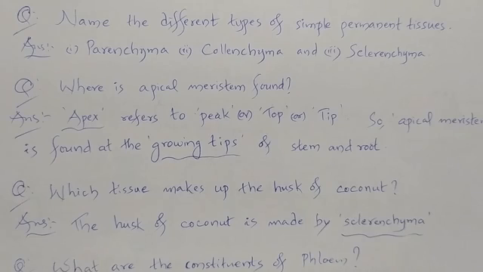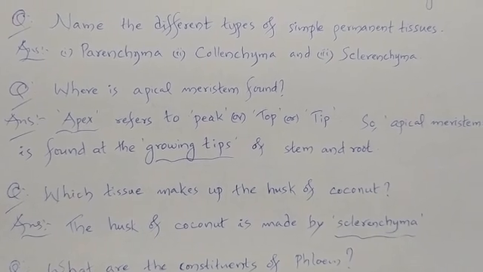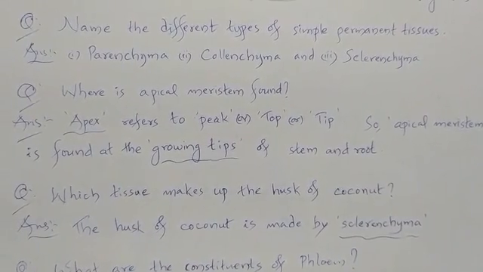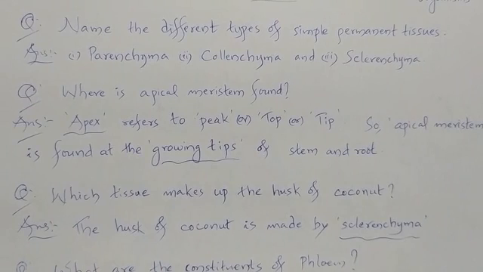Apical means present at the tip. So, apical meristem is found at the growing tips of stem and root.